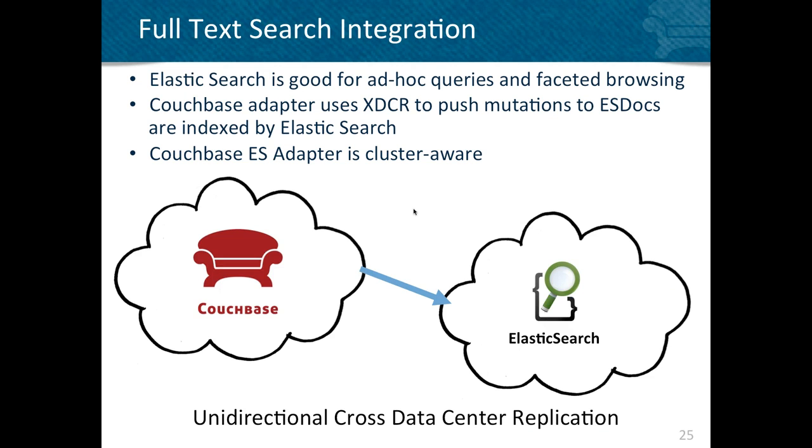The last thing that we've introduced as a beta is our full text search integration. We're using Elasticsearch for ad hoc queries and faceted navigation. It actually uses our cross data center replication feature to push the mutations into Elasticsearch, and then Elasticsearch can be used to query that.